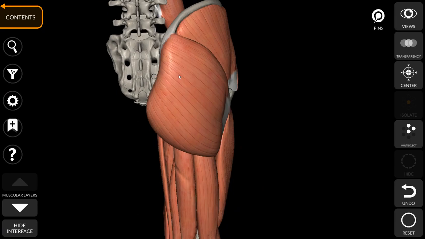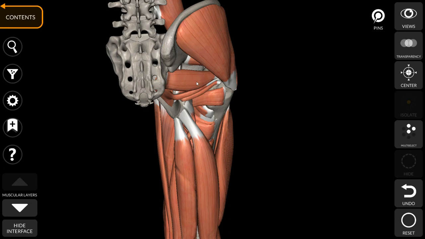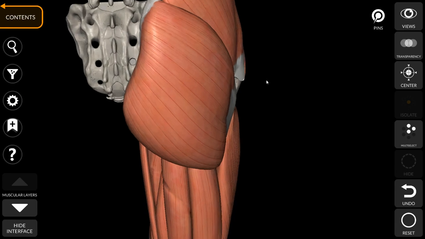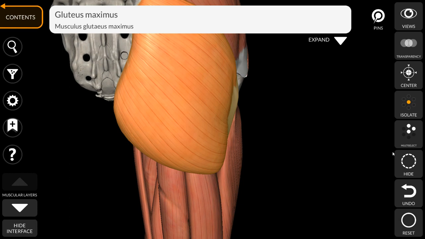Number two, it also attaches into the lateral sacral crest and the posterior surface of the sacrum. So this is the origin and insertion of the gluteus maximus. Clear class? Very good.